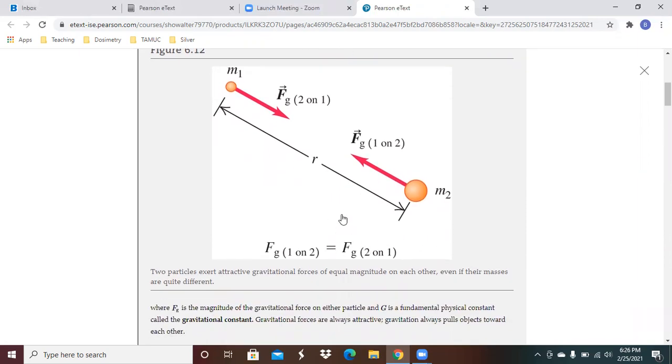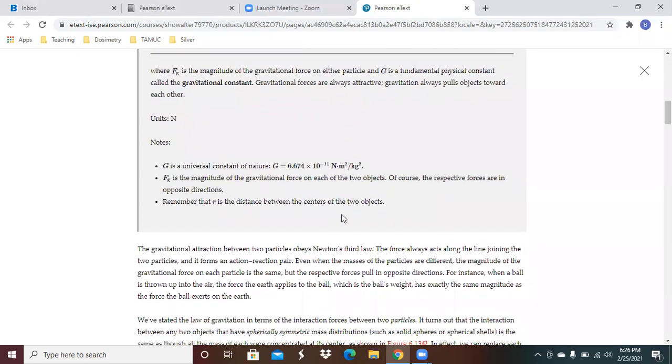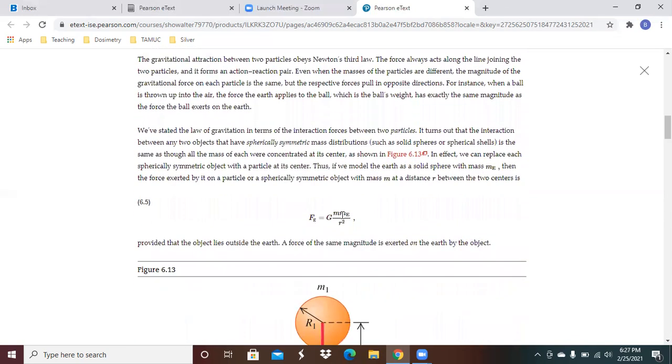Forces of gravity have the same magnitude. You also have G. This is going to be a universal constant that we have to deal with when it comes to gravitation. So the gravitational attraction between two particles is going to obey Newton's third law.